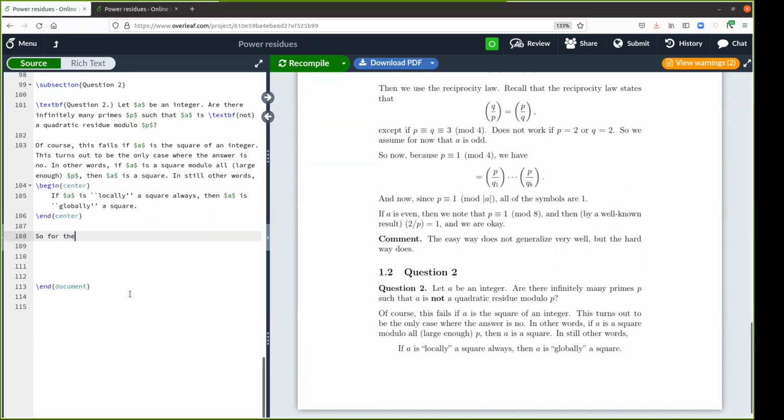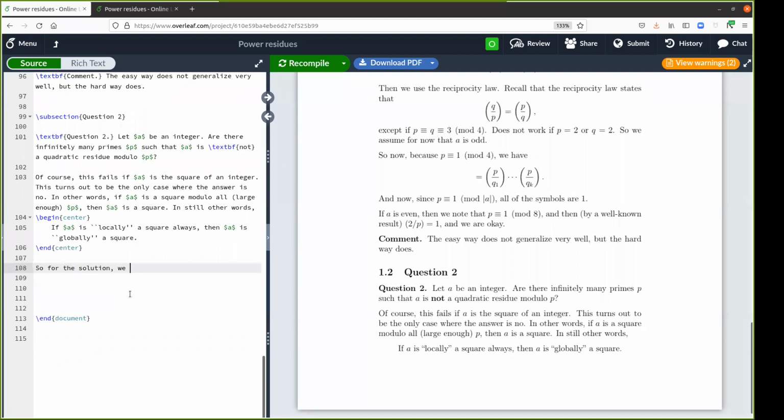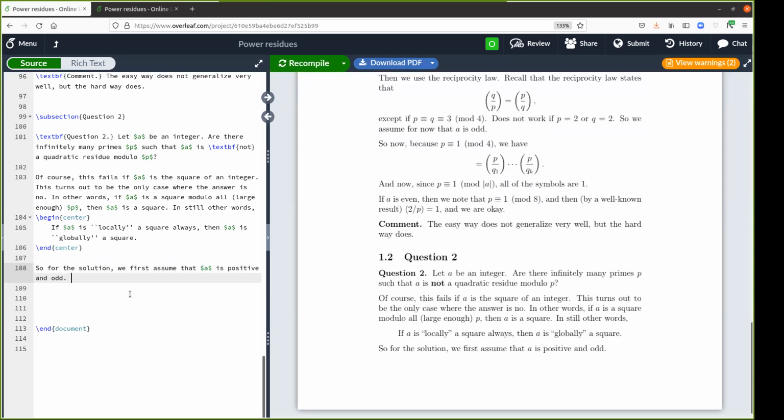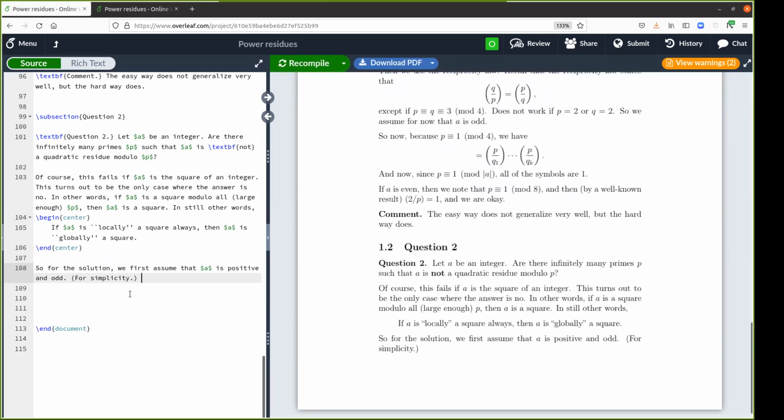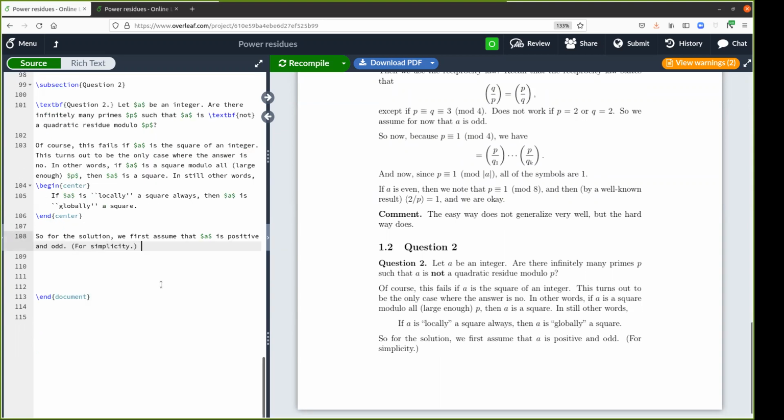Yeah, so for the solution, we first assume that A is positive and odd, just for simplicity. The other cases are not more difficult, it's just laborious to work them out, so we'll check this case and leave the others as an exercise.